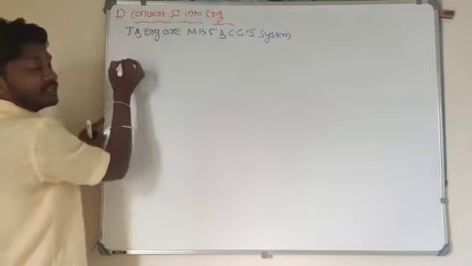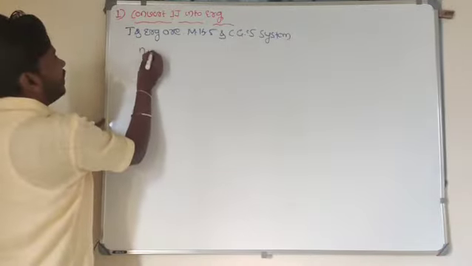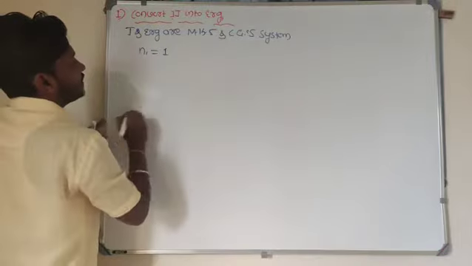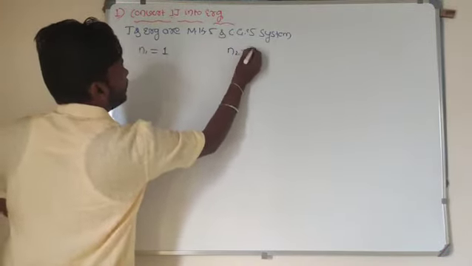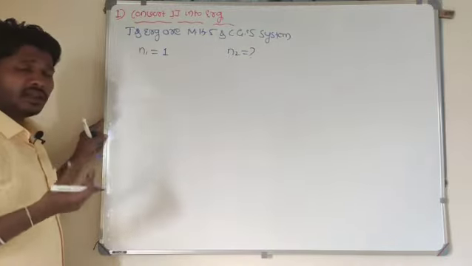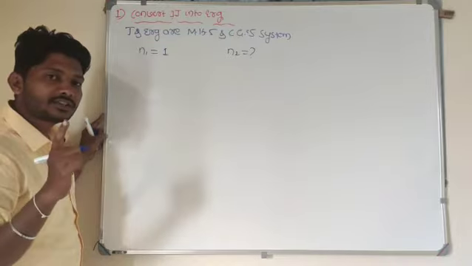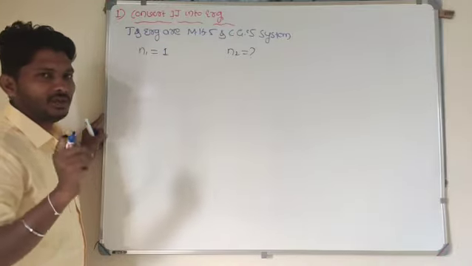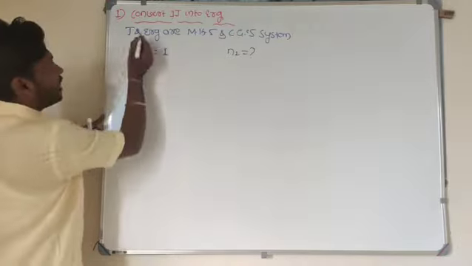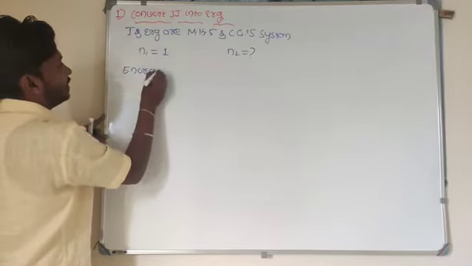1 joule, so I can say that is N1 U1 here. N1 value is equal to 1. N2 value is yet to be determined here. Now in order to convert one system of unit into other system, I need A, B, C value, means power value. Joule means energy, so I will take the dimensional formula for energy.